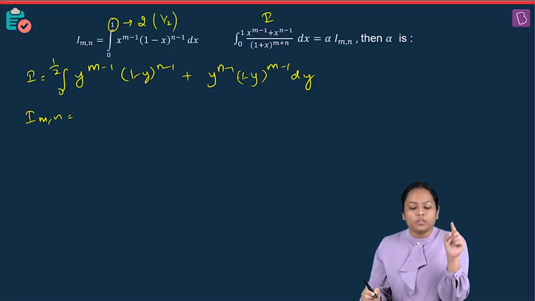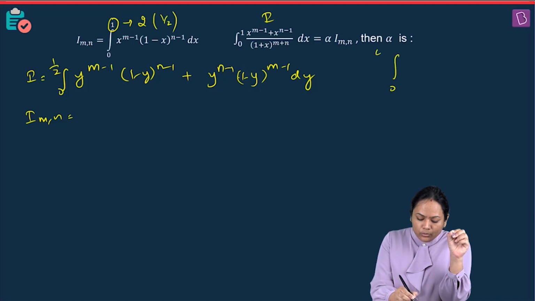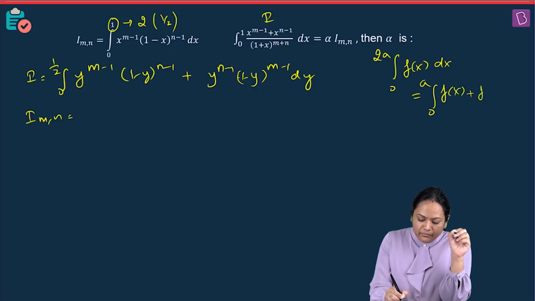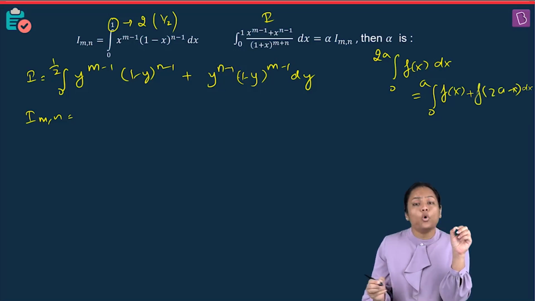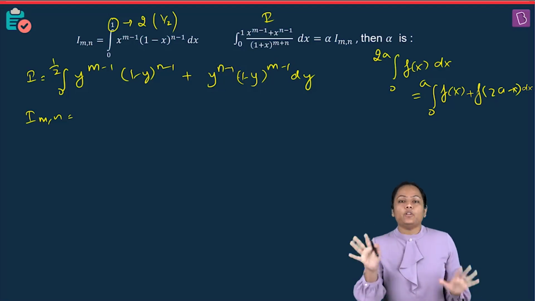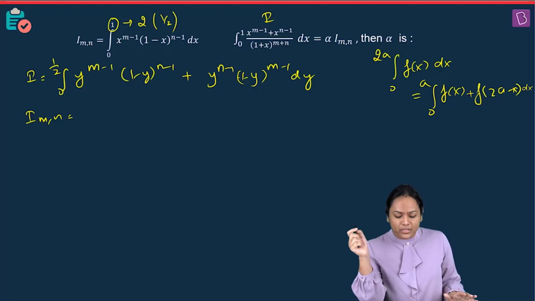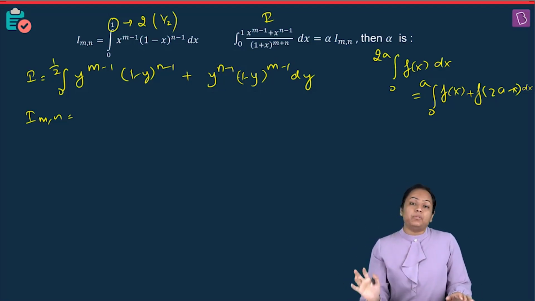So now I'm using the property that 0 to 2a f(x) dx can be written as 0 to a f(x) plus f of 2a minus x. Right? This is the property which I hope you have learned. I know you have learned. I hope you remember that 0 to a f(x) dx can be written like this.